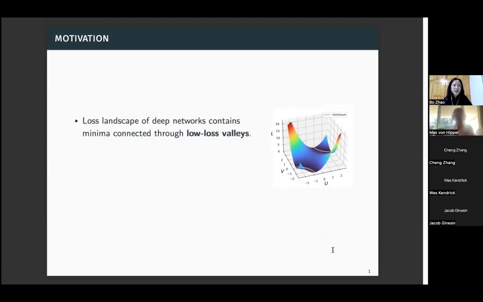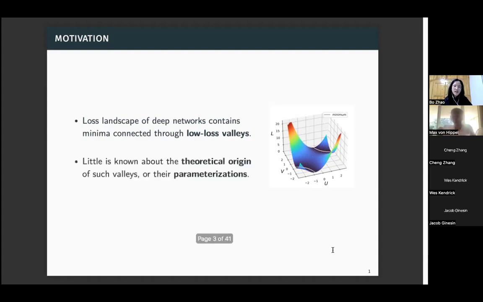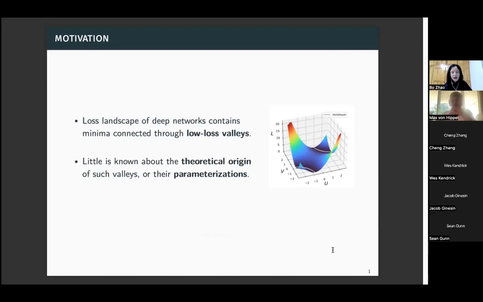To give a quick background or motivation of this paper, there has been some paper that noticed that the minimum of neural networks is connected through Mongoose valleys instead of being isolated points. But very little is known about the origin of these valleys or their parametrizations. So this leads to some open questions, such as what are the structures of this minimum?